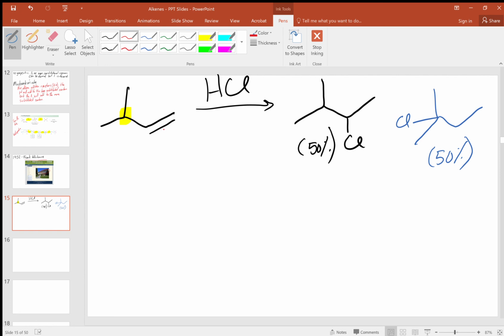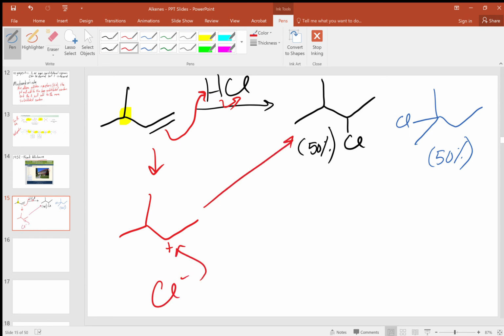Well, let's look at the mechanism. Starts out how we would expect. Gives us the secondary carbocation. If the chlorine then attacks the secondary carbocation, we get the product that we expect. But it's only through the carbocation that the second possible answer makes sense.